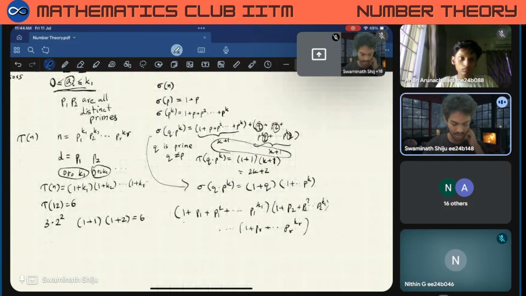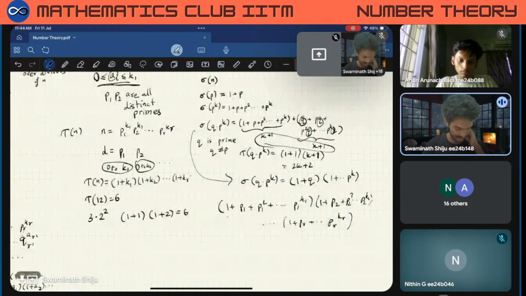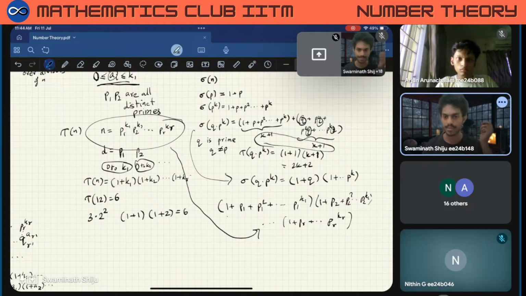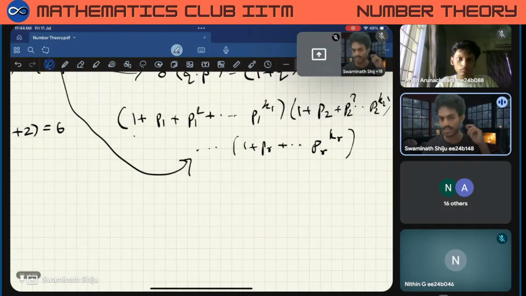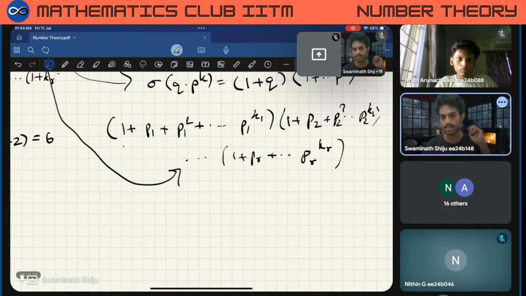Whereas if it was multiplicative, this is what the sigma of n would look like, right? You can accept that. Now if you look at this, I hope most of you are aware of multinomial expansion, but then leave it.